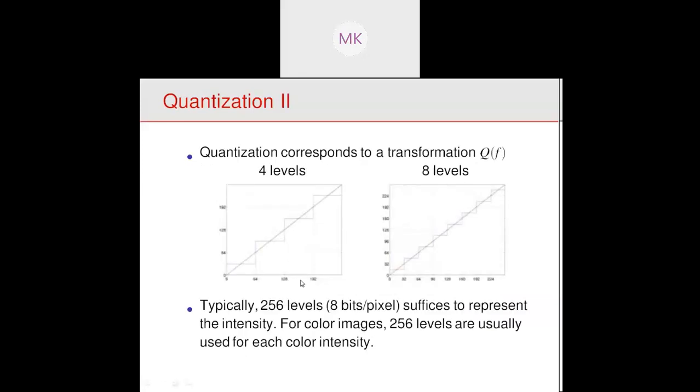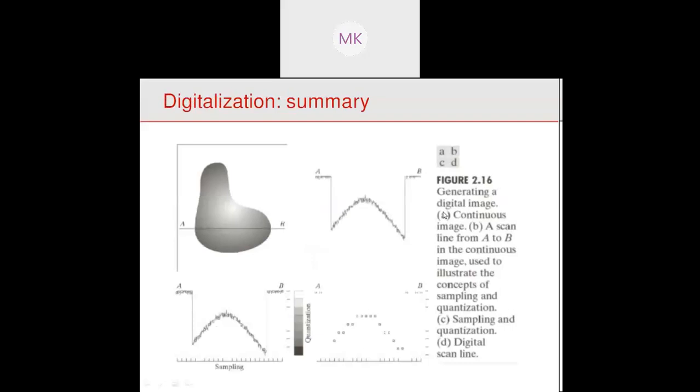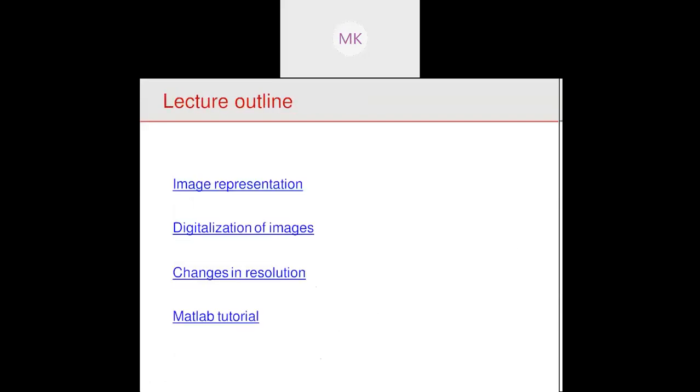If we consider 4 levels, 4 staircase steps are used for quantization. In the case of 8 levels, 8 different portions are considered, represented by the staircase representation. So this represents the 8 level transformation. Again, this is an example of digitization. All these are about sampling and quantization.